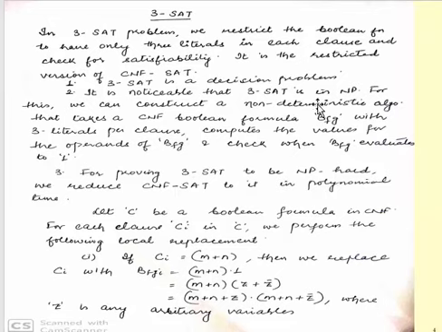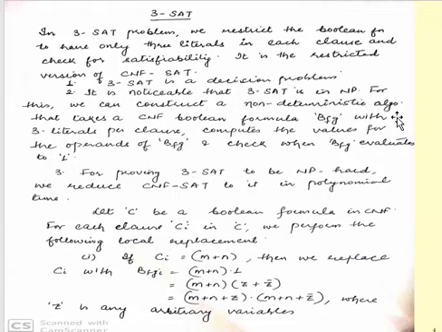Next we have to prove that this is in NP. NP means we can write a non-deterministic algorithm that can be solved in polynomial time. Actually, this is a variation of the SAT problem, so you can use the same algorithm that we have used for the SAT problem, and by using that algorithm we can prove that this problem can be solved in polynomial time, but we need to use a non-deterministic algorithm.